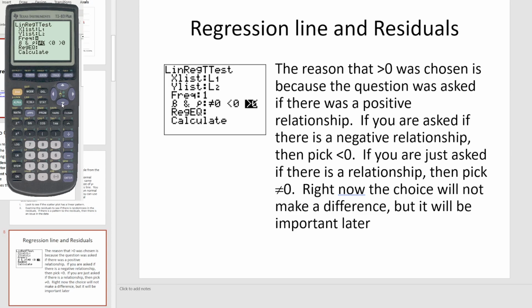We don't change this frequency thing. And down here, we want to choose greater than 0 because the question asked if there was a positive relationship. Right now, this choice isn't actually going to make a difference for what we want, but it will be important later. Then we go down and we hit calculate.